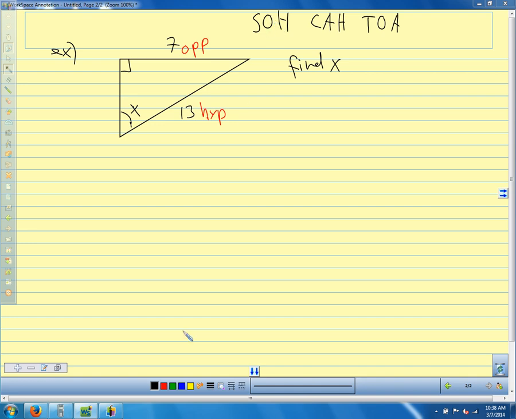So I'm going to write my equation. The sine of the angle x equals the opposite over the hypotenuse, 7 over 13. Thank you. And then what we need to do is x equals the inverse sine of 7 over 13.